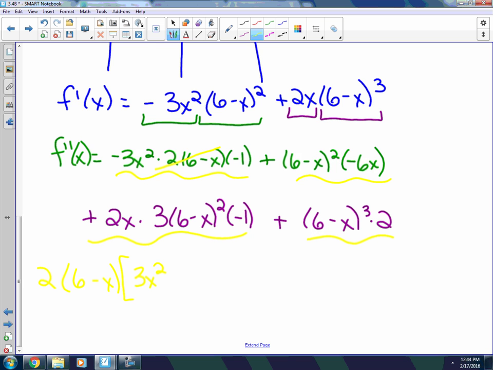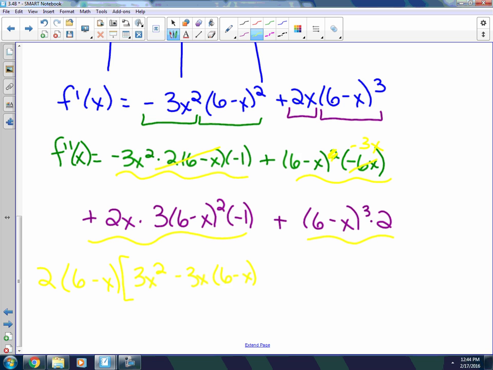Okay, then here, if I take one of those 6 minus x's out, and a 2 from here, it's going to be negative 3x times 6 minus x. This is from here, so I took one of my 6 minus x's out and took a 2 out of that.